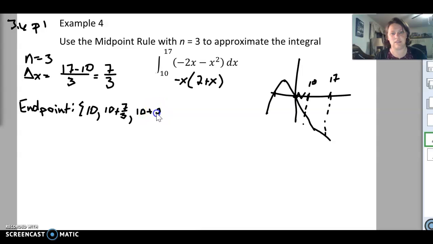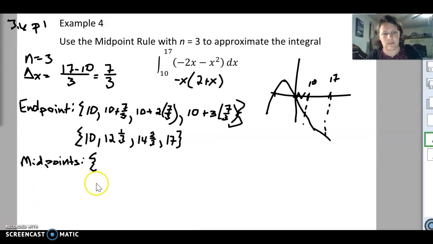So 10 plus 2 times 7/3 is another endpoint, and then the next endpoint is going to be 10 plus 3 times 7/3. Now this one's pretty easy to calculate. Our 3's are going to cancel, and then we're going to have 10 plus 7, so that is 17, and that is my last endpoint. So those endpoints equal, I'm going to pause and write them out real quick. Okay, so just by calculating those values that I had listed up here, now we have these for our endpoints.